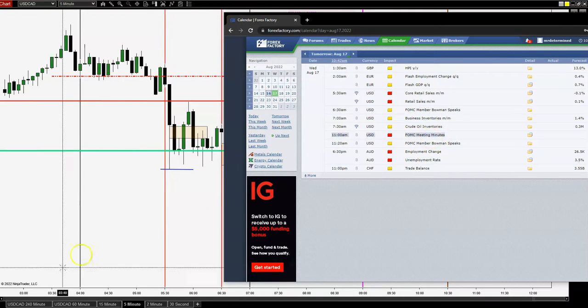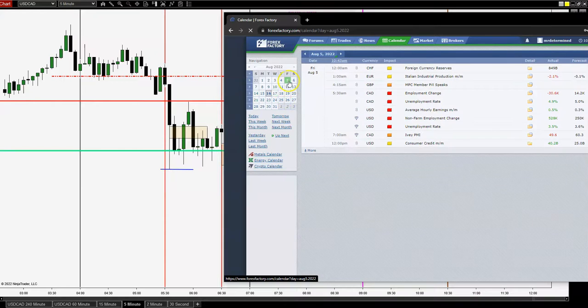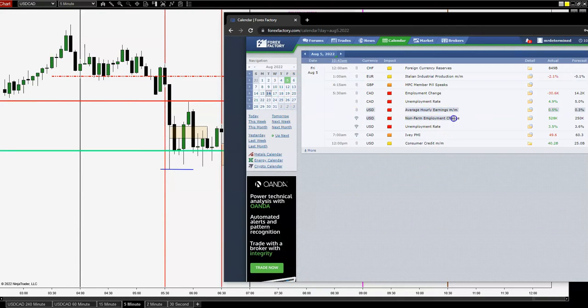Anything FOMC, those are the ones you definitely want to watch out for. You might as well not do anything. Just look at the market and take notes if you want, but I wouldn't advise trading during FOMC. Or, for example, August 5th, which has non-farm payroll. Those are also days you definitely want to not do anything. Just look at the market, especially if you're just beginning.